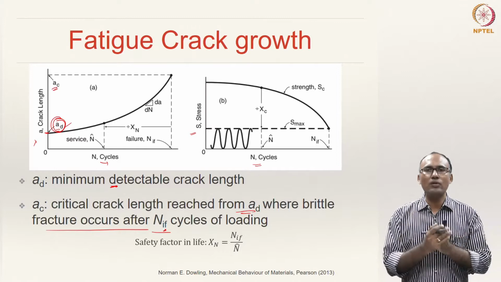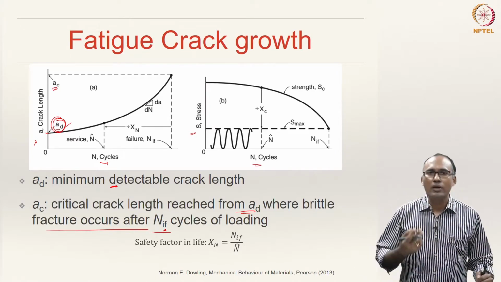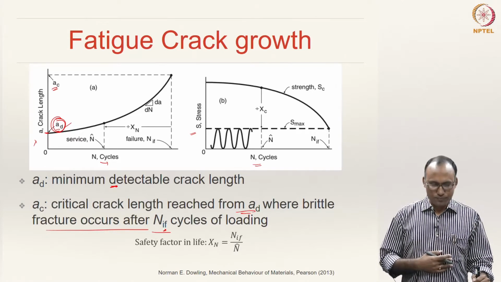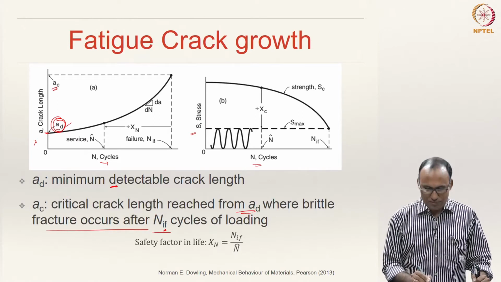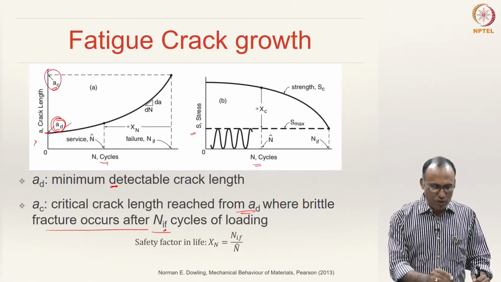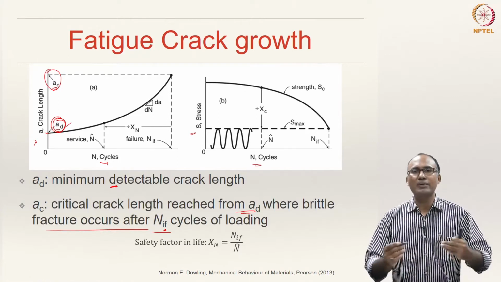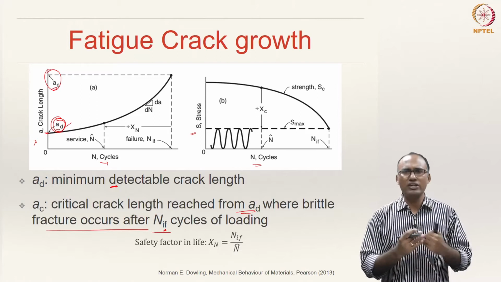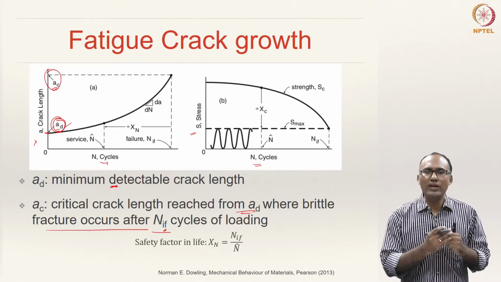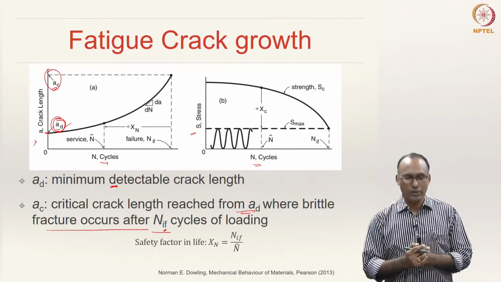Let us say you have a crack whose initial length is AD, and you are applying fatigue loading on the material. After NIF cycles, the crack length reaches a critical value of AC, and that is when the material breaks as if it is a brittle fracture. As we have seen in the fracture mechanics module, when the crack length reaches the critical crack length, that is when the material breaks as if it is a brittle material. The same thing we are doing here.